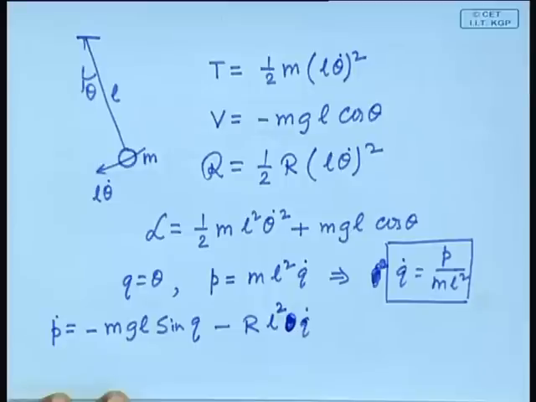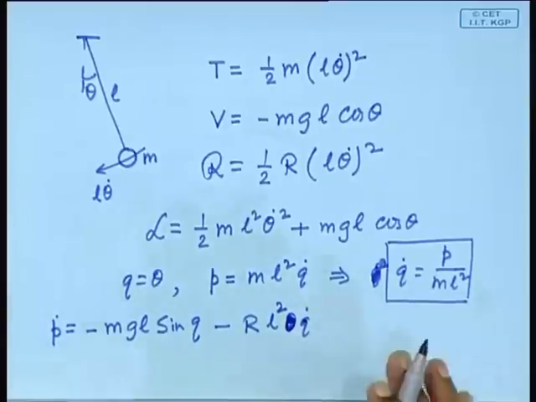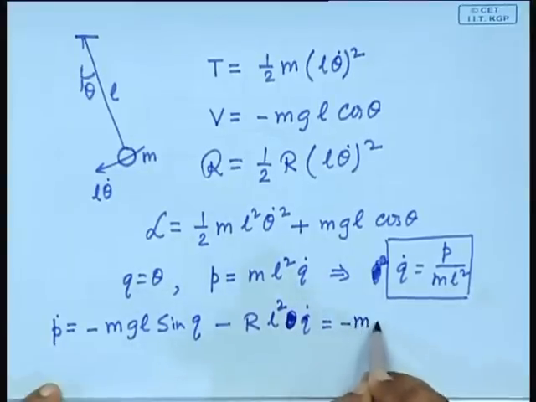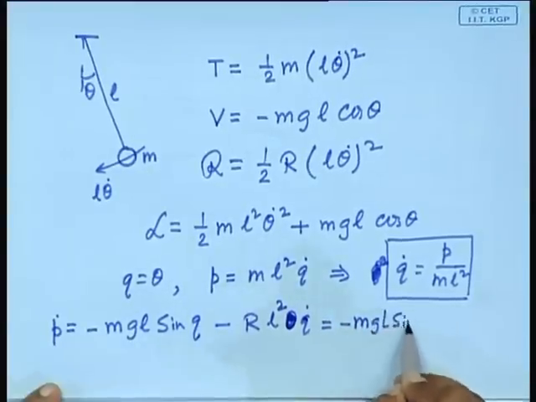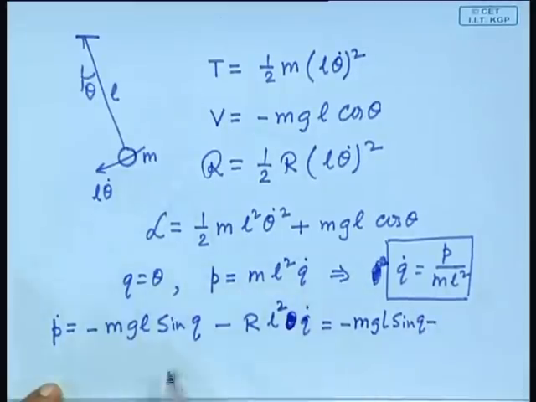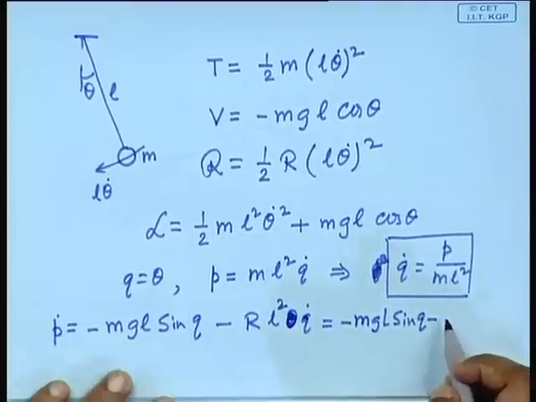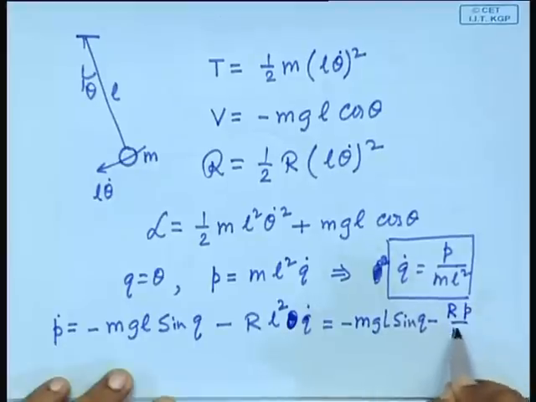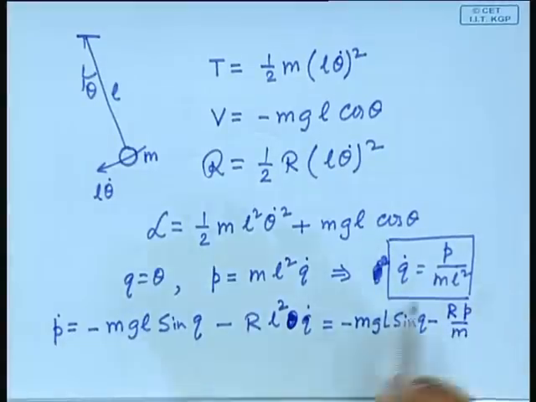So, that is the equation for P dot. I will substitute q dot here, so that the right hand side is completely devoid of dotted terms. So, this gives minus m g l sine q minus, L square actually cancels off, so you have r p by m. So, this is one equation, and this is the other equation.